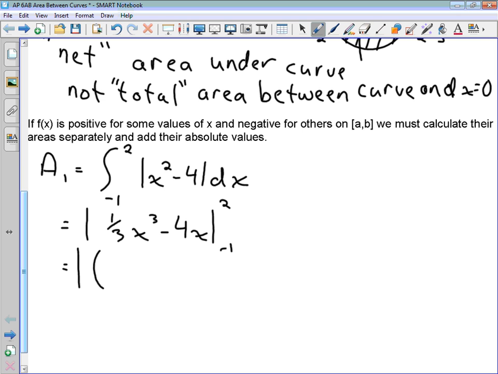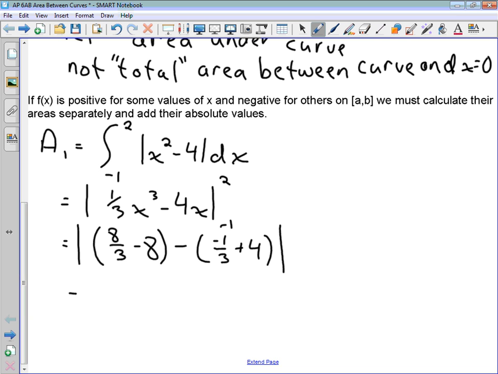So we'll get 8/3 minus 8. And from this, we subtract our antiderivative evaluated at -1, which gets us -1/3 plus 4. And again, we're taking the absolute value of this entire expression.